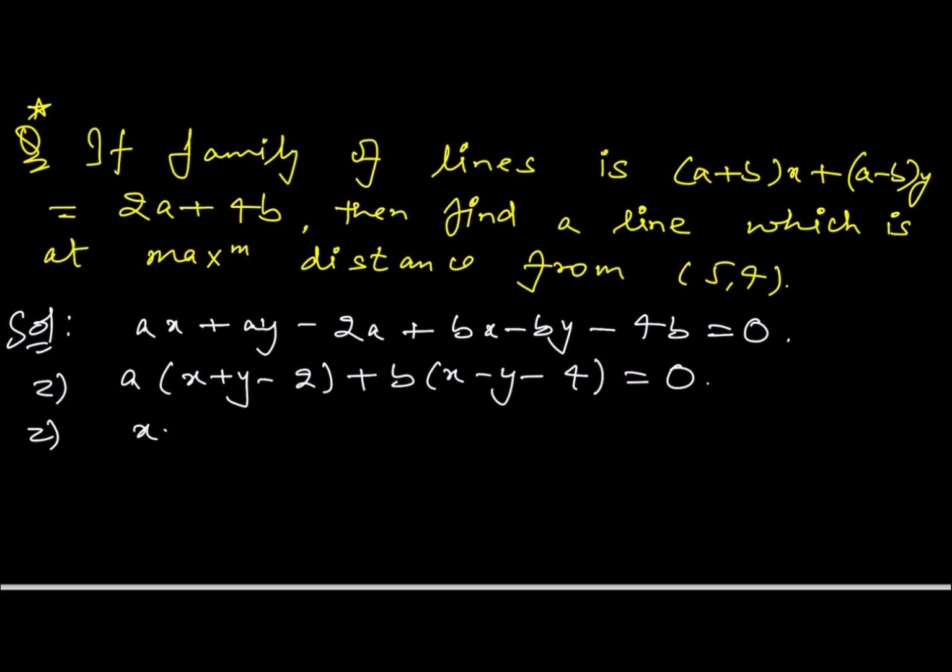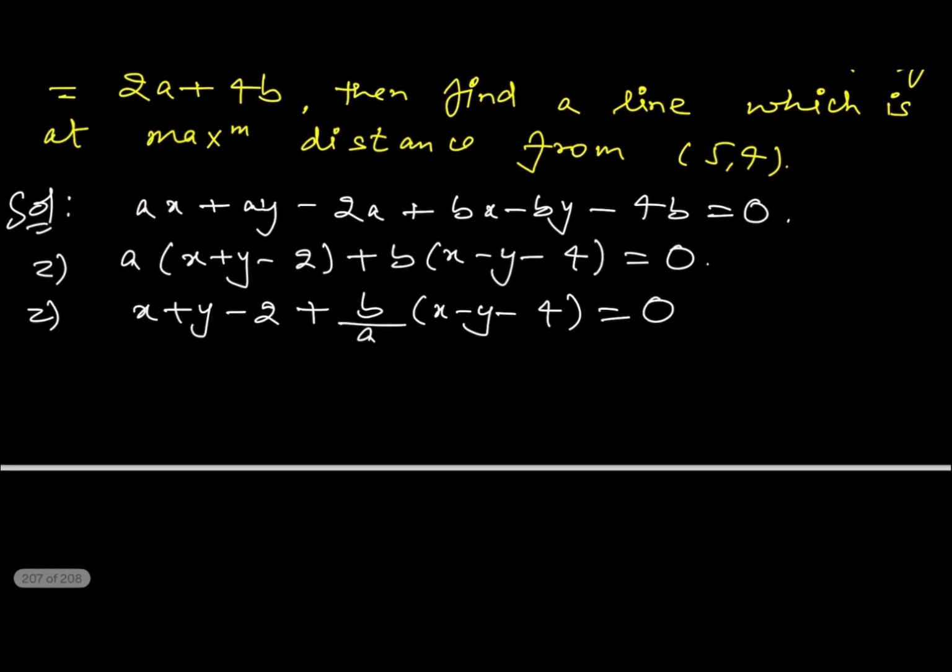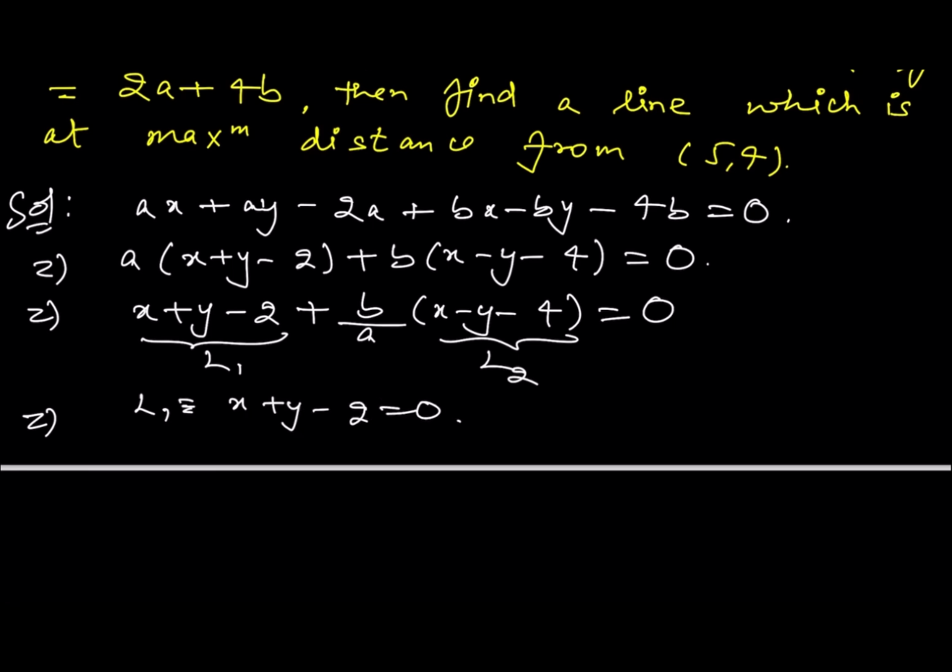So this is L1 and this is L2. Solving L1 and L2 to get the point of intersection through which all lines of the family are passing. L1 is x plus y minus 2 is equal to 0, and L2 is x minus y minus 4 is equal to 0.